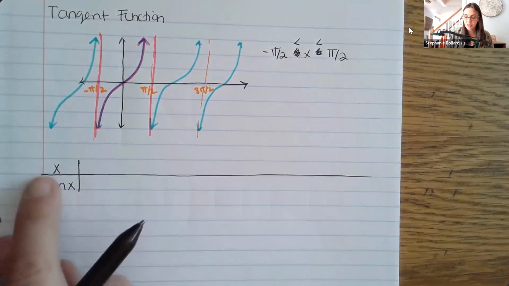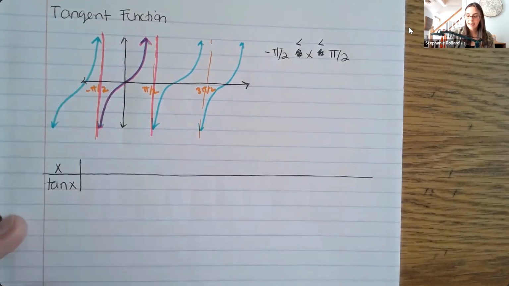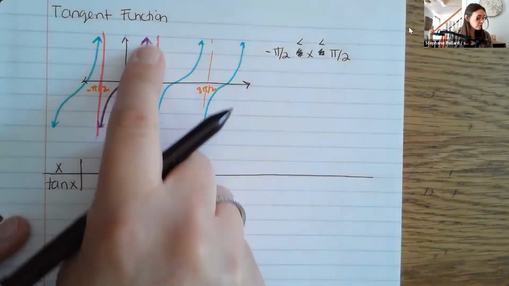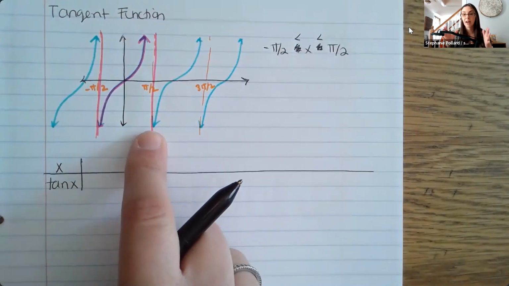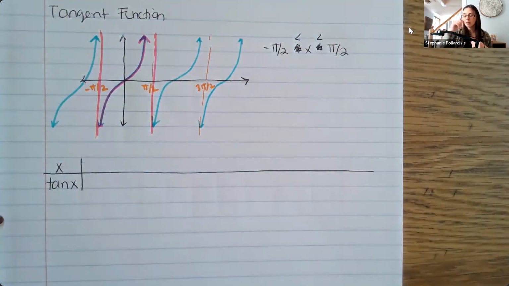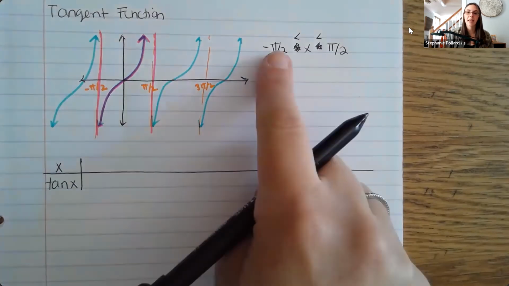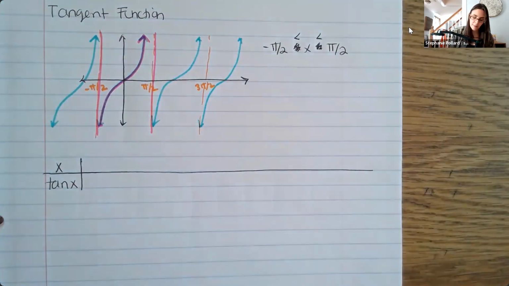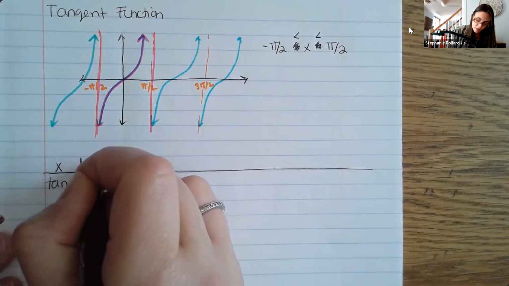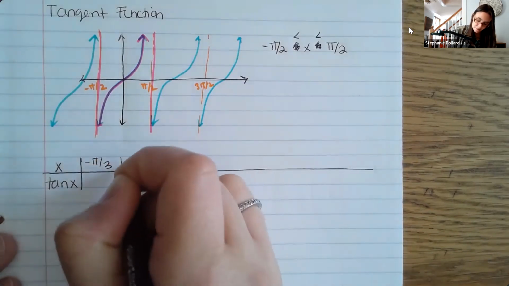Now, your tangent function is actually undefined at negative pi over 2 and positive pi over 2, right? Because it kind of goes off to infinity. So even though I'm going up to these values, I can't include my endpoints. So in my table, I'm going to start at negative pi over 3 instead.